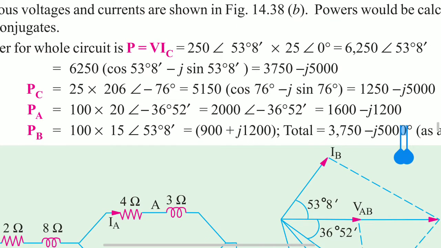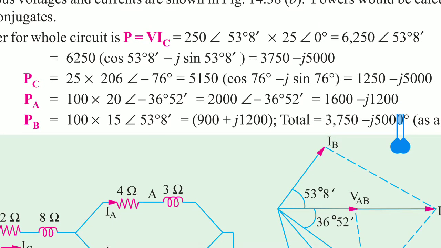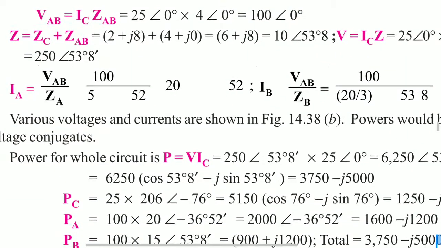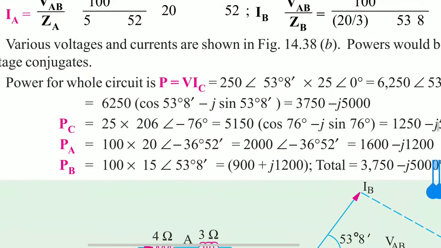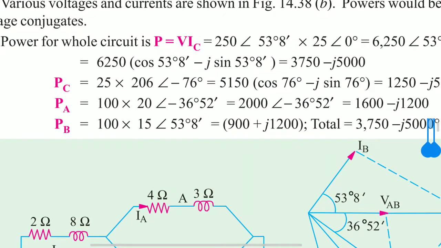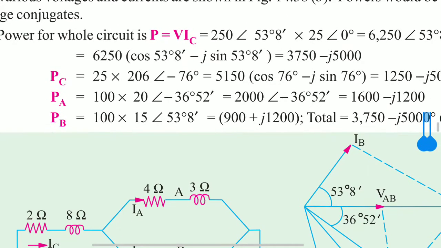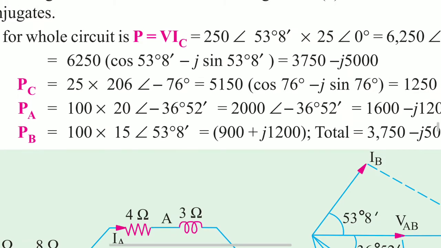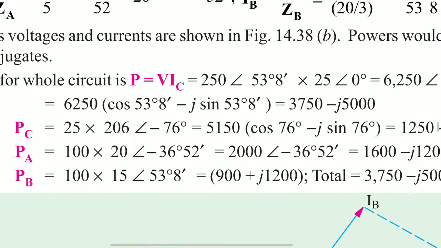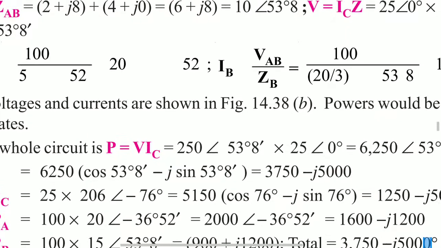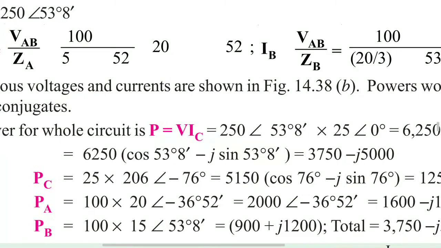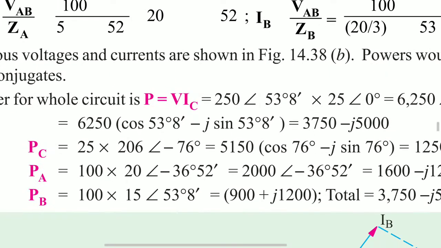In branch A, power is voltage into current. Voltage VAB is 100 angle of 0 degrees, and the current in branch A is 20 angle of minus 36 degrees 52 minutes.